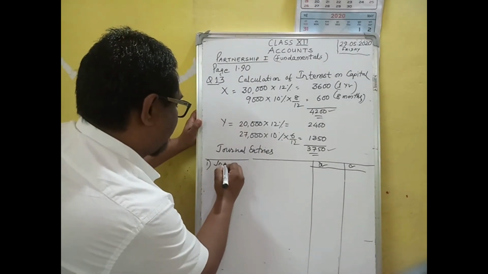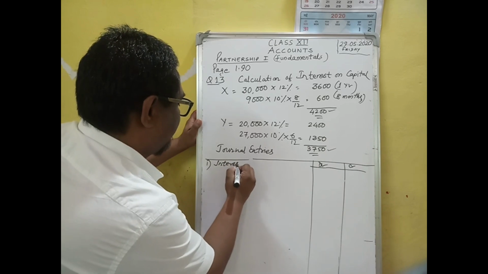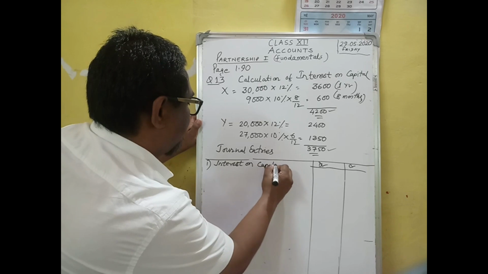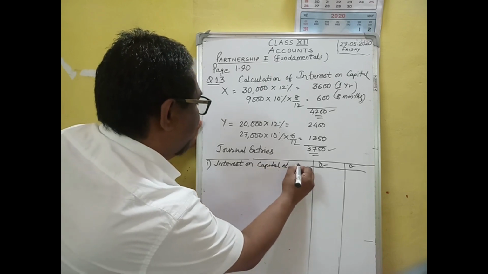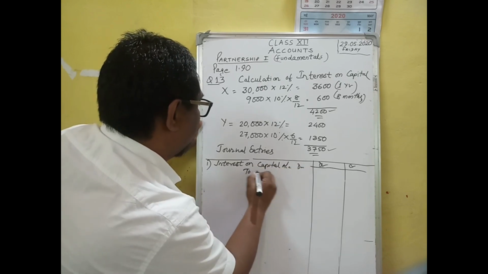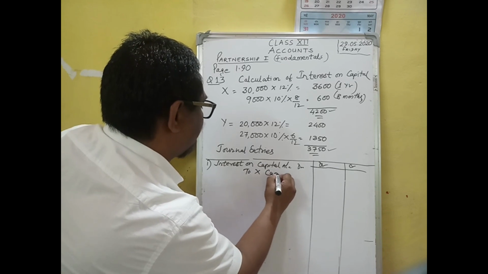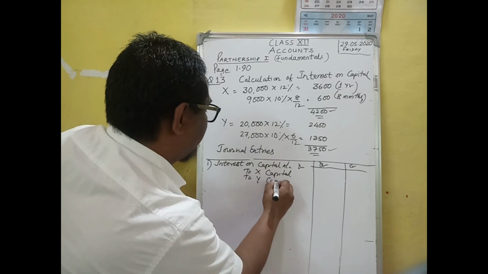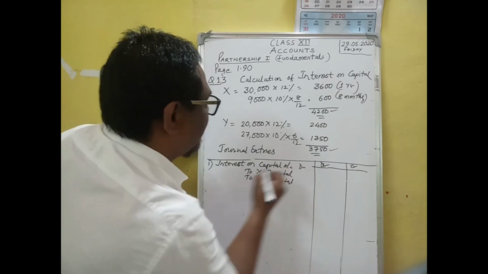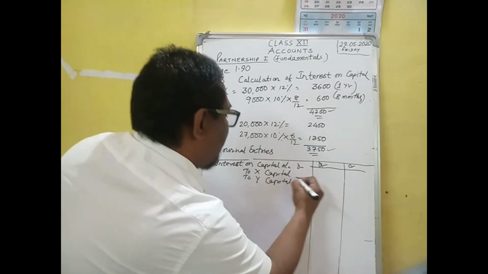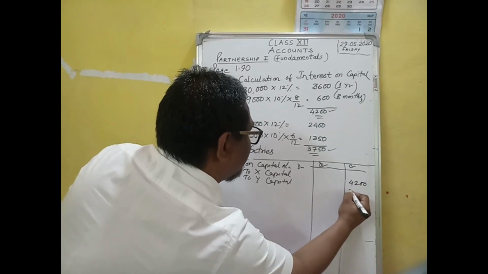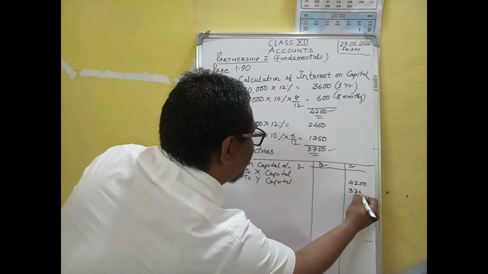So here, interest on capital account is debited, to X capital account and to Y capital account. So X capital is credited by 4,200 and Y by 3,750.